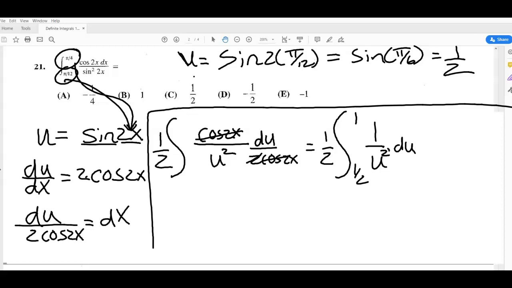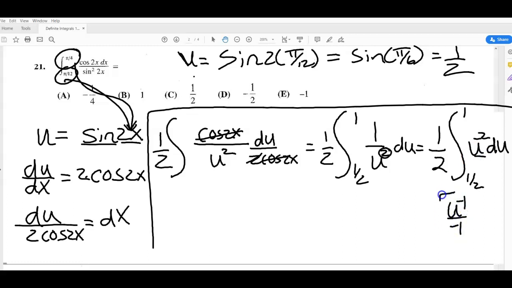All right. So once again, since this is a square and not a 1, we're going to handle this with a reverse power rule. So it's going to end up being u to the negative 2 du. Now if I actually integrate this, we're going to end up with u to the negative 1 over negative 1.